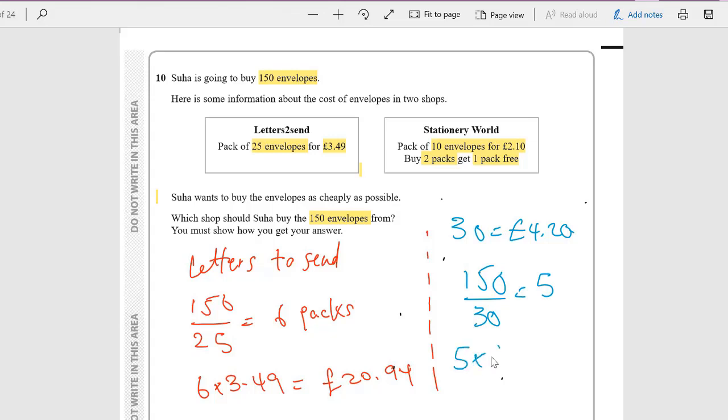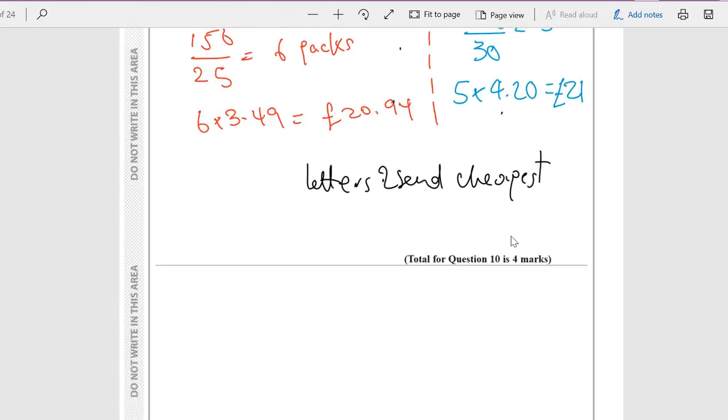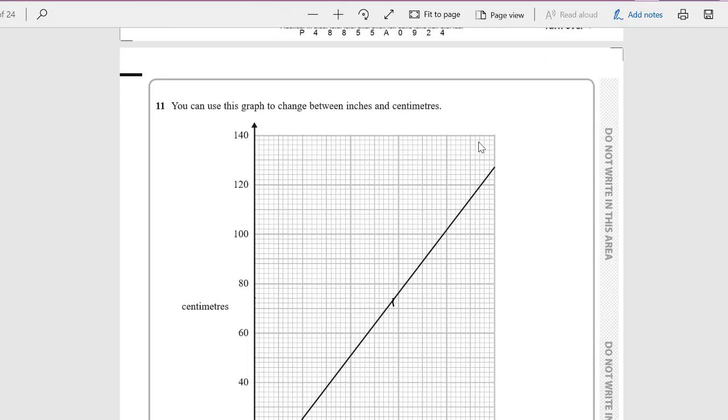So 5 times 4.20, and that gives you 21. So that means that letters to send is the cheapest, or best value for money, whichever way you want to put it.